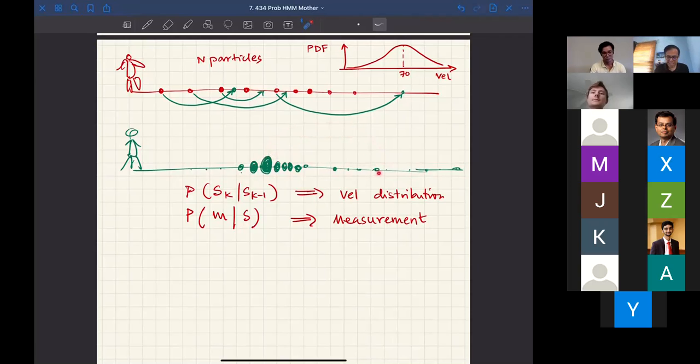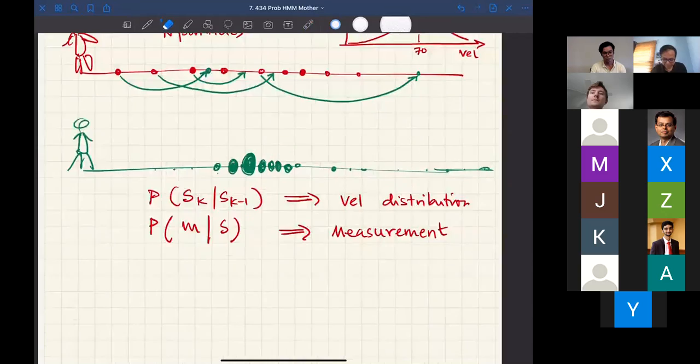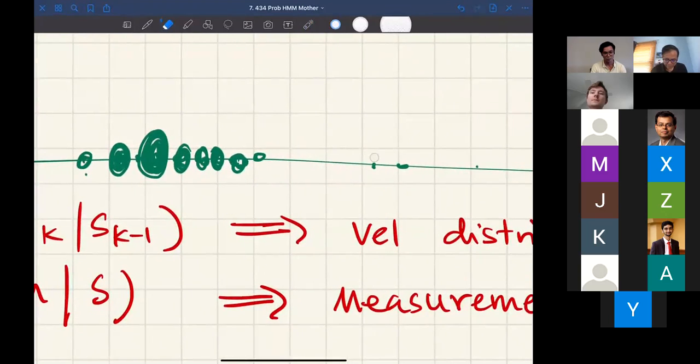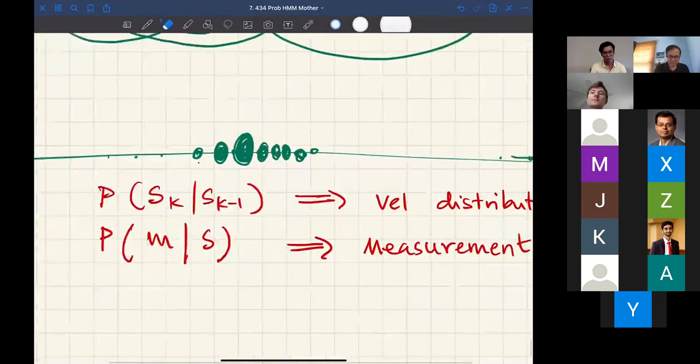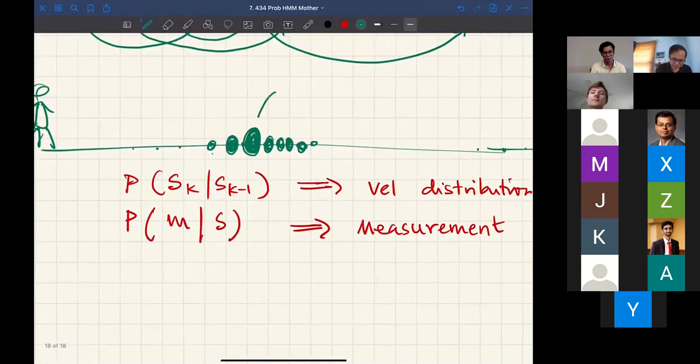So I basically take these particles, I delete them. Sorry. I delete these particles. And I bring them back over here. And I put those deleted particles back into the locations of the other particles where the belief or the weight of the particle is larger.